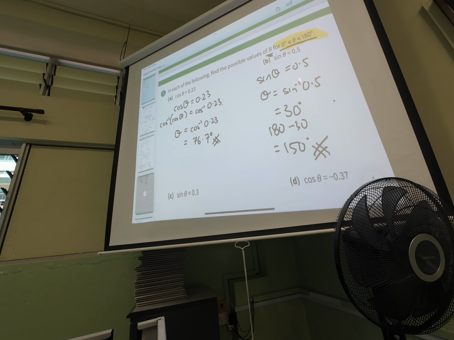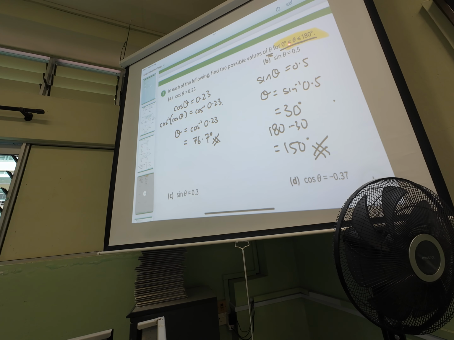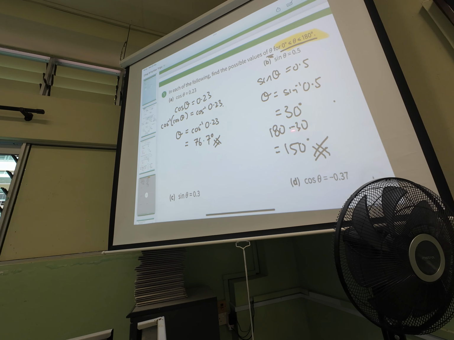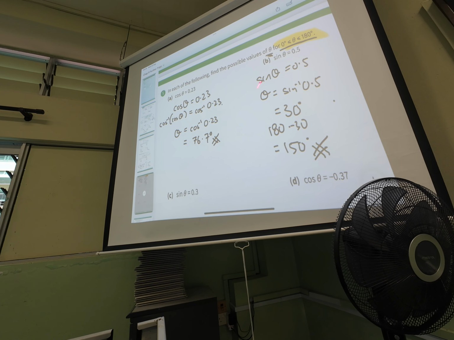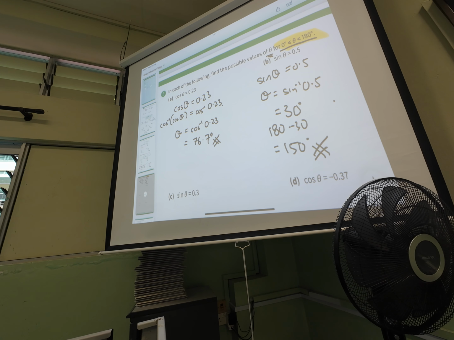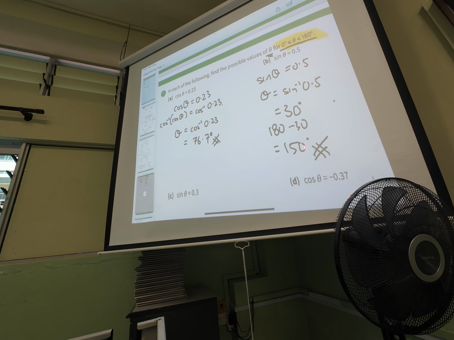So after you sine inverse, because they say the answer can be between 0 and 180, you must also know this 150. So this is the new thing in chapter 9. Also, this is a popular question that will come out in your national exam. It recently just came out.